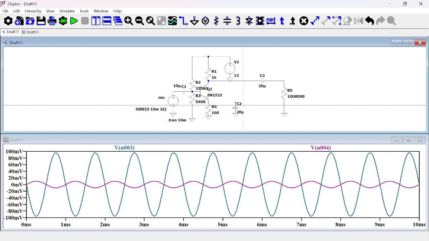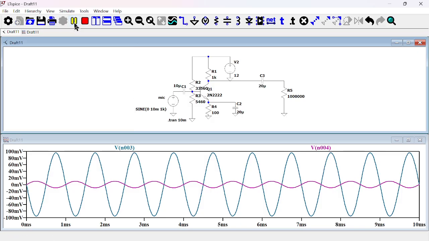So I'm bringing back my bypass capacitor, so then I have the advantages of the stability improvement as a result of the emitter resistor, but I also have almost the full gain, because I've bypassed it with respect to the AC signals.